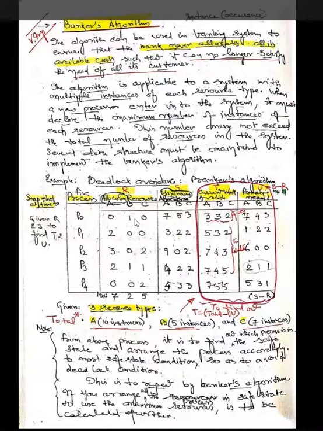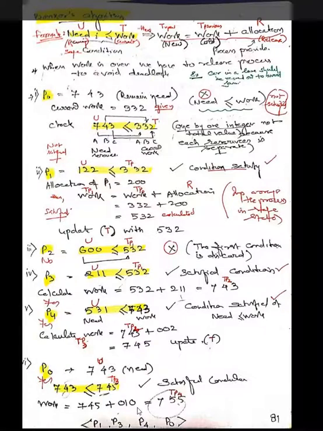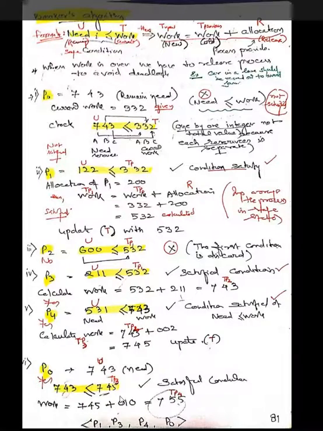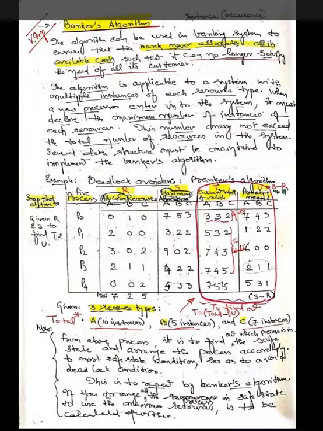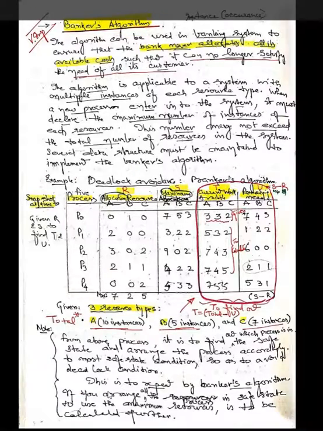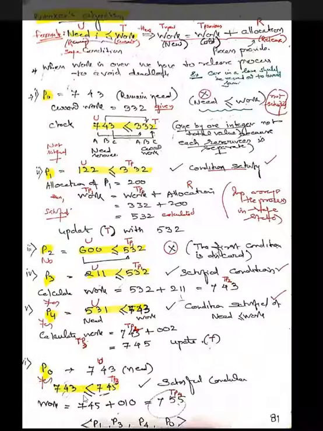So for P0, the allocation 010 is added to 745, which gives 755.